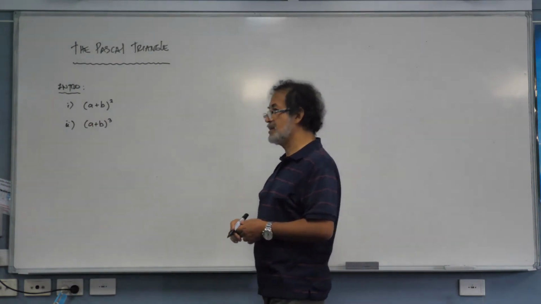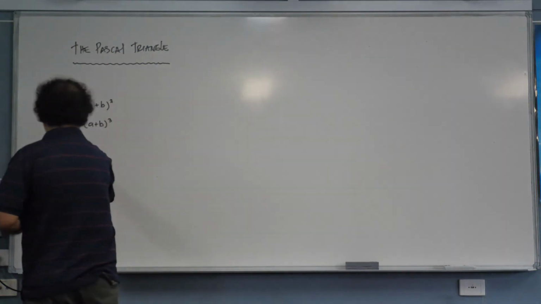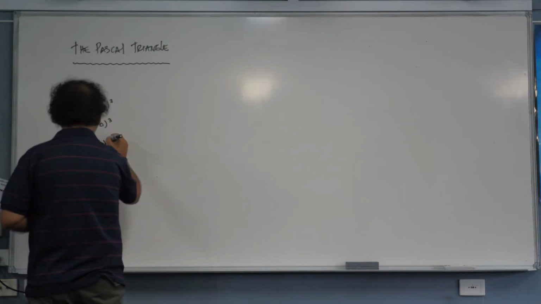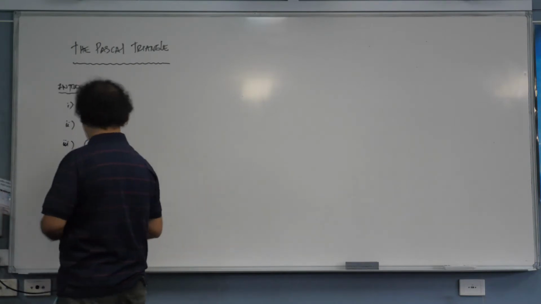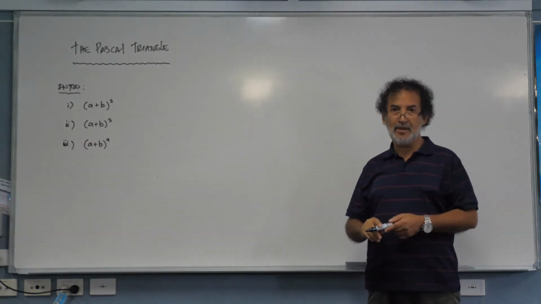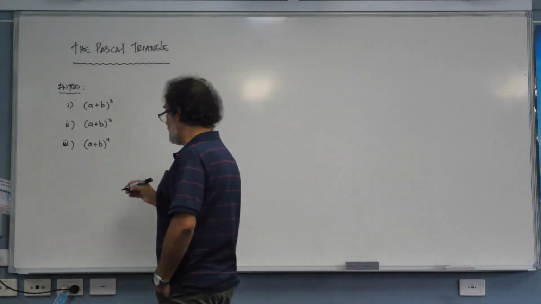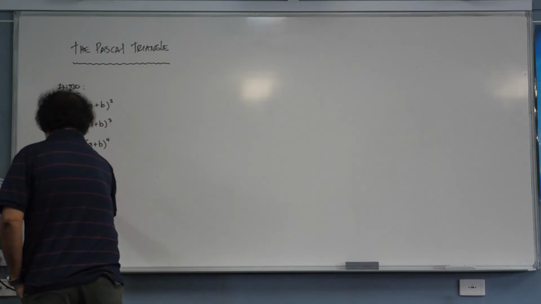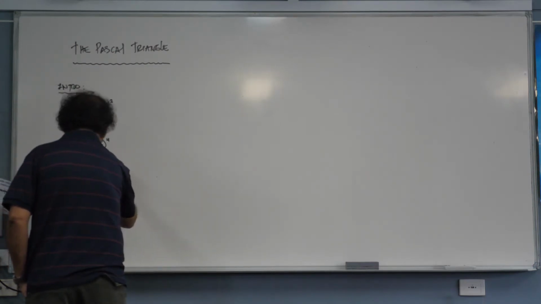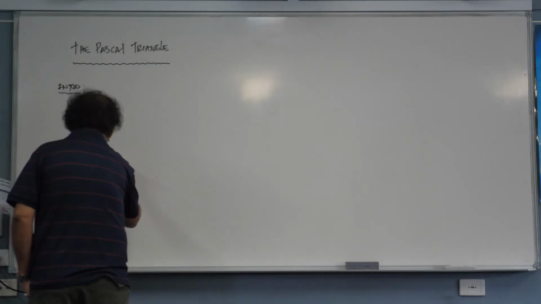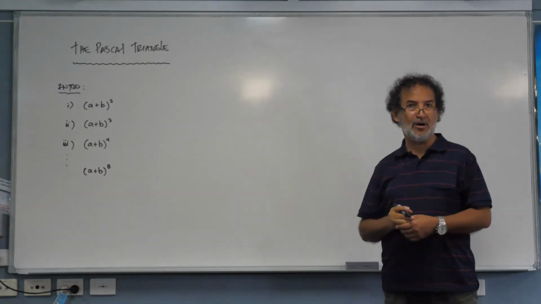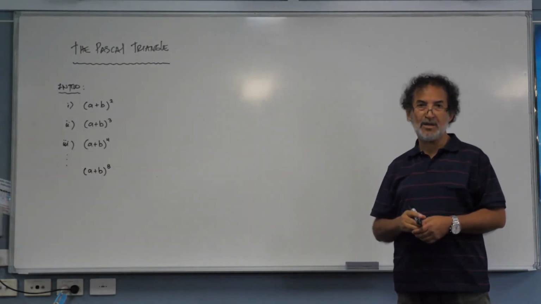Even if I ask you to find the answer for (a + b) to the power of 4, still you can do that. But if I ask you to do something like (a + b) to the power of, let's say, 8, then it becomes a little bit too long. All right?